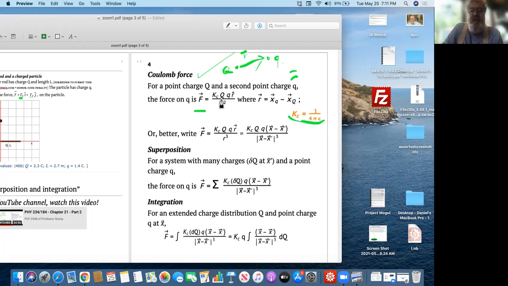Now, actually, it'll be easier to calculate forces if I rewrite this in a different way. r hat is a unit vector. So it's the vector divided by the magnitude of the vector. And r without a vector symbol is the magnitude of the vector. So F is kQq r vector over r cubed.